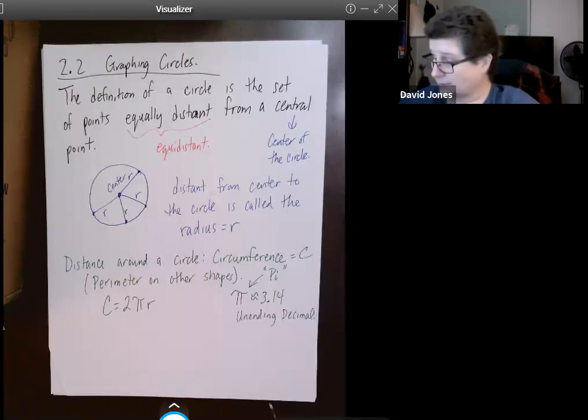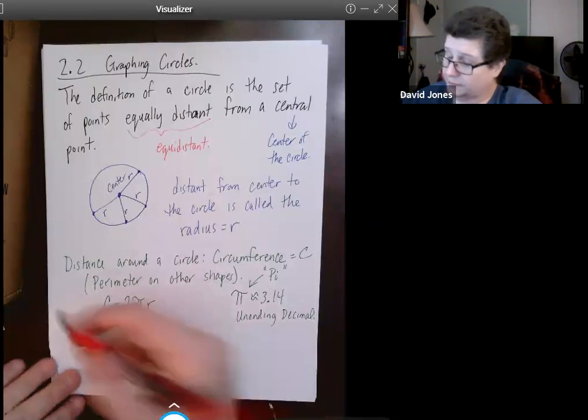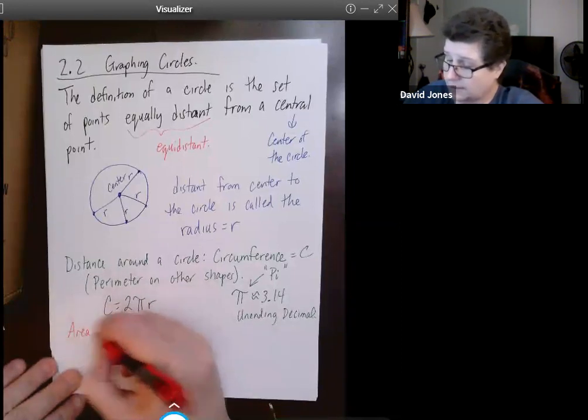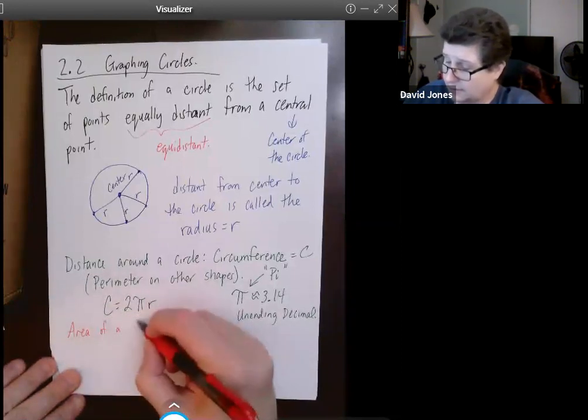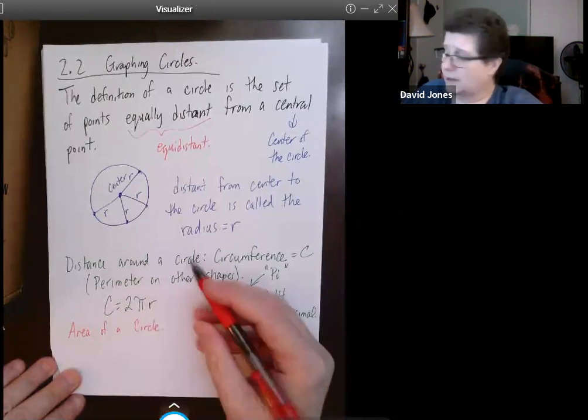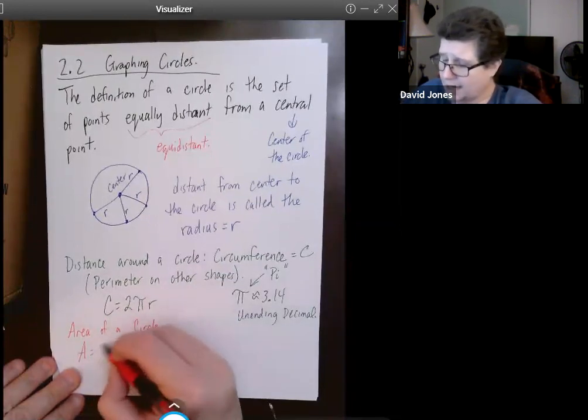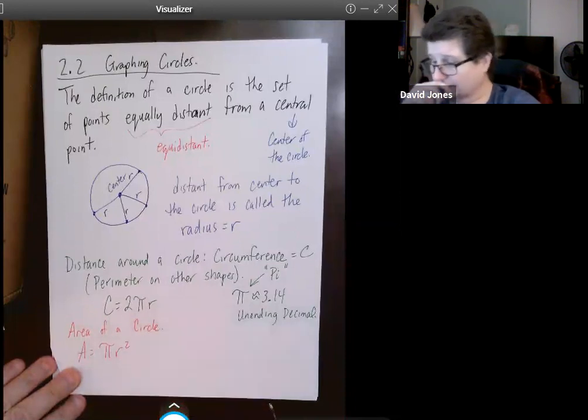So that's the circumference. And then the area of a circle is pi times the radius squared.